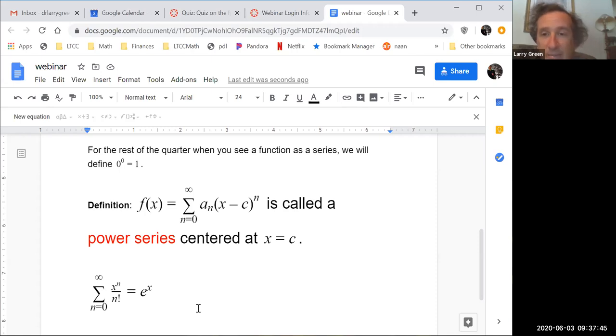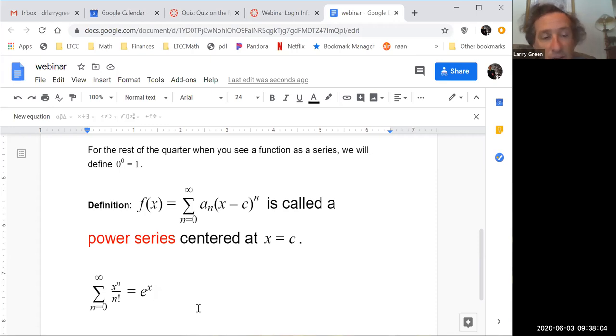So the whole point is, we can take a function like e to the x, and we're going to be able to write a power series to replace that function, and then we can look at it in a different light.